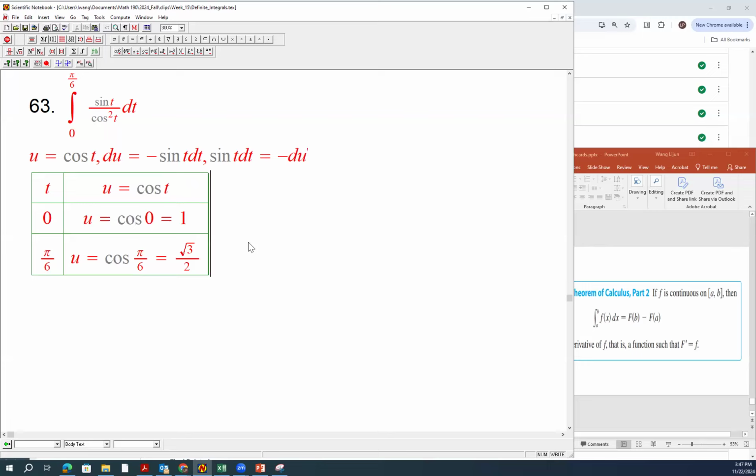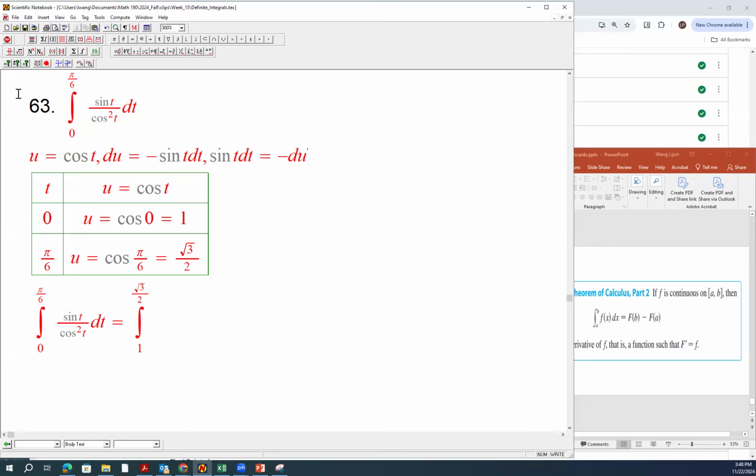Now we're ready to do the 1, 2, 3. We change the lower and upper limits. When t equals 0, u equals 1. When t equals pi over 6, u equals root 3 over 2.